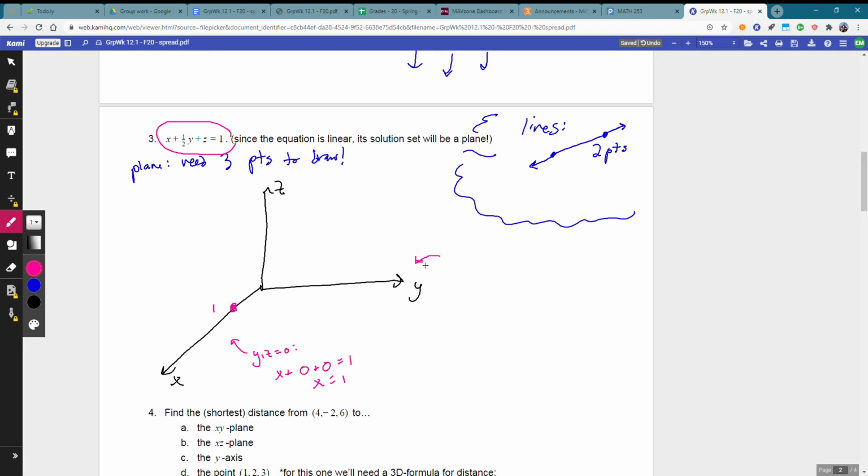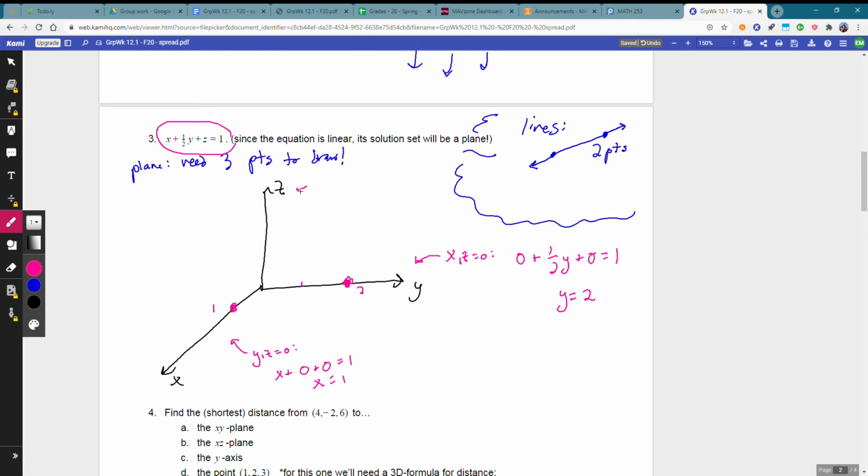Well, on the y-axis, we'll have x and z equal to 0. And so subbing that in for our equation of the plane, we'll get 0 plus 1/2 y plus 0 equals 1. So multiplying by 2, we'll get y equals 2. And so if that's 1, this point over here is that y equals 2. And our plane cuts through at that point.